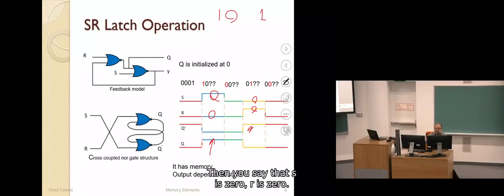Then you say that S is 0, R is 0, so it means that it keeps it. So again, Q is 1. Then you change S again to 1 and R is 0, it means set it, so it's again 1.